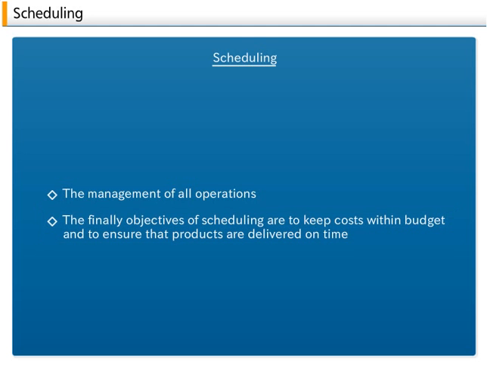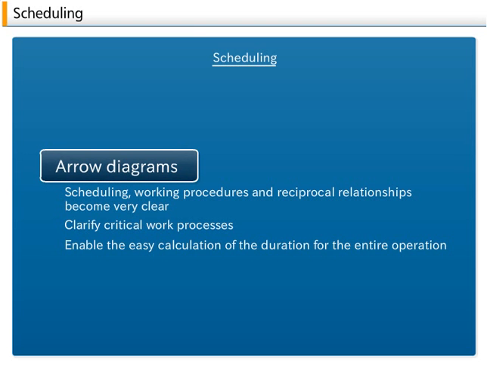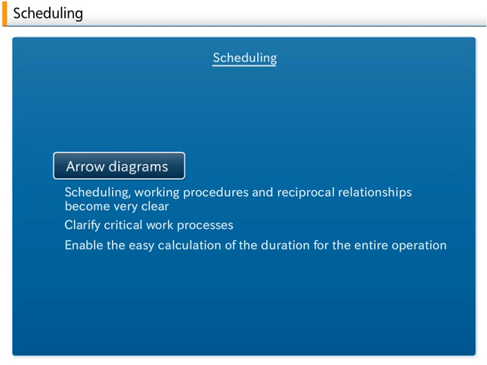Here, we will provide an overview of one effective method of schedule management, the creation of arrow diagrams. (1) Arrow diagrams. Using arrow diagrams for scheduling, working procedures and reciprocal relationships become very clear.